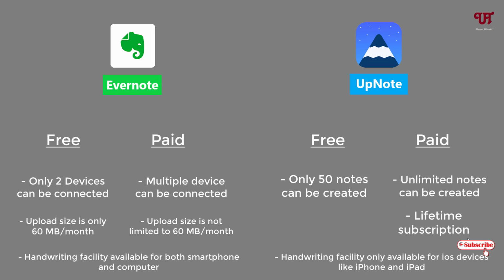Whether you are using UpNote free or paid, the handwriting facility is only available for iOS devices. So if you're using Android devices or Windows, Mac or Linux computers, then you won't be able to get the handwriting facility. I think it's a little drawback, but I hope UpNote includes it in the coming updates.